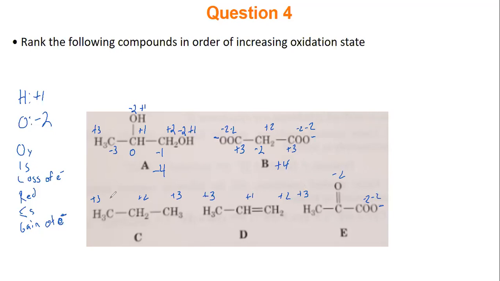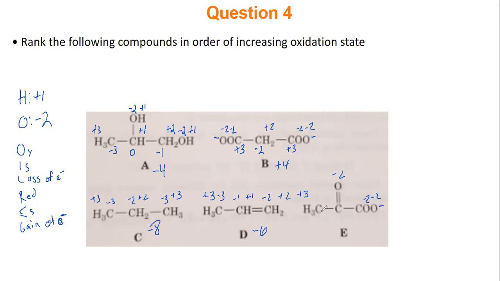C, this one's relatively straightforward since it's only hydrogens, no charges. So -3, -2, -3, so -8. So C is -8. D, also relatively straightforward, -3, -1, -2. Overall, -6.